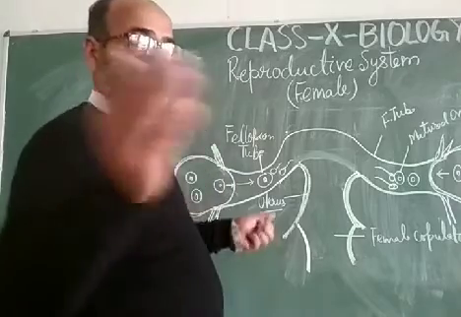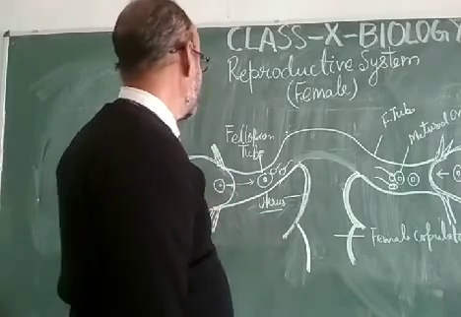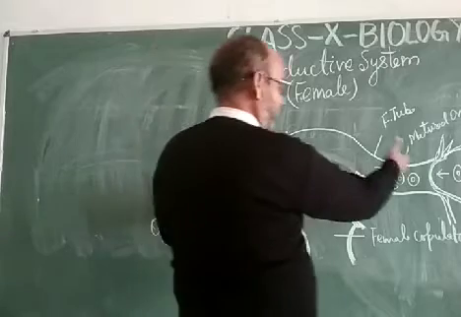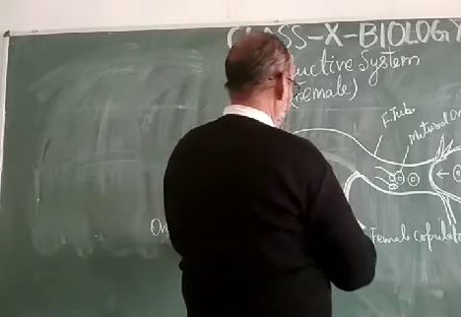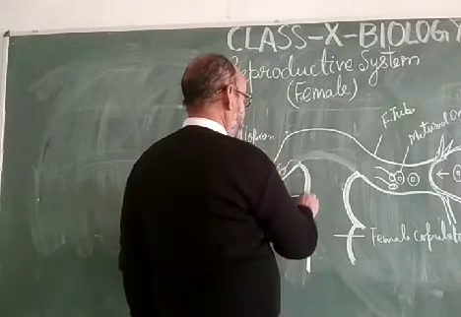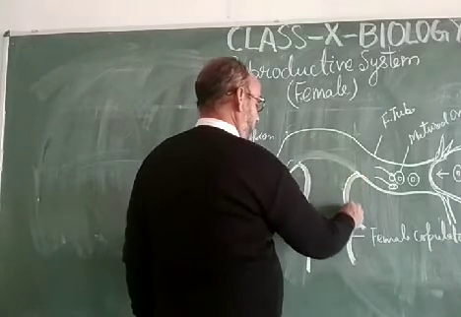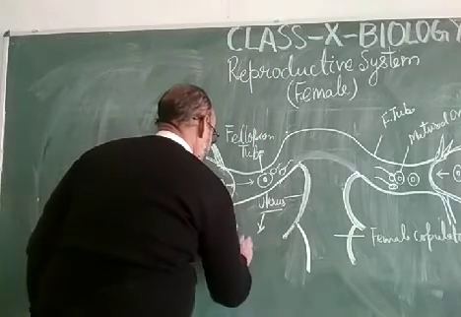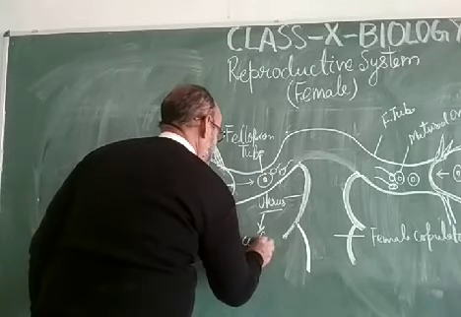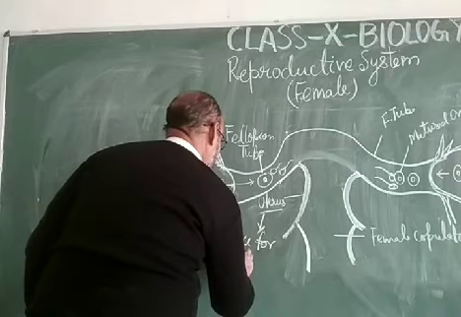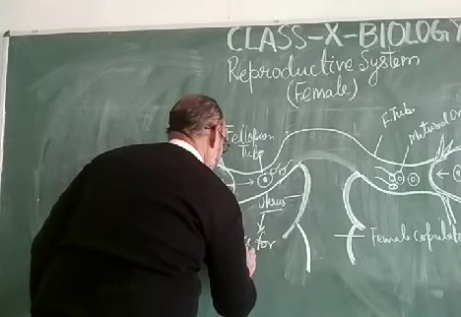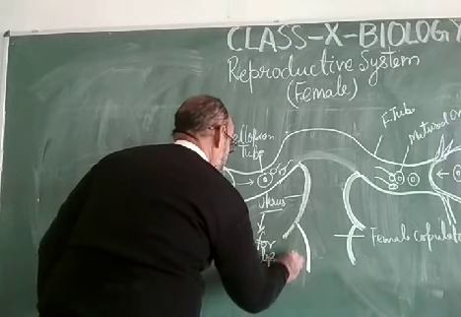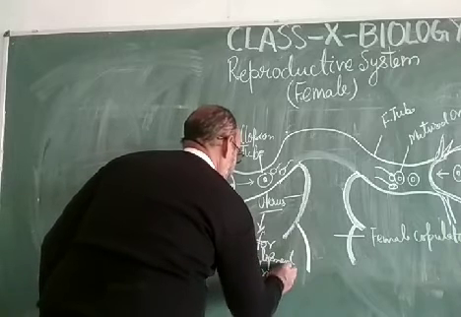So the female reproductive system consists of a pair of ovaries on both sides and a pair of fallopian tubes on both sides, which join together in the middle part called the uterus, and this is the place for the development of a new baby.